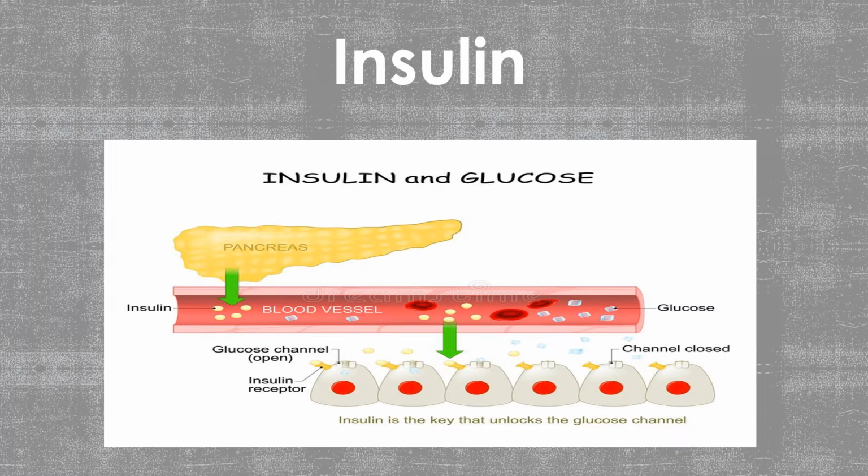The problem may also be at the cellular level, when the cells become resistant to insulin. So the person needs to take insulin or oral hypoglycemics to help with the uptake of glucose into the body cells.